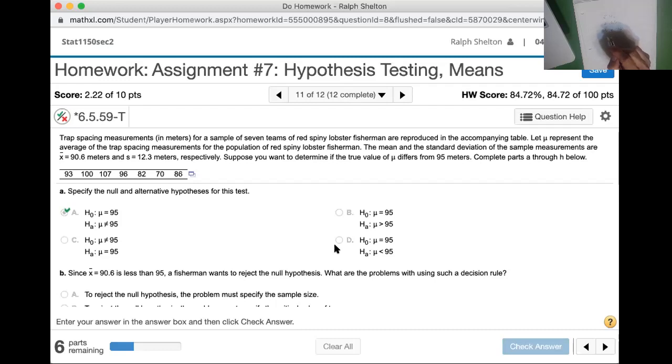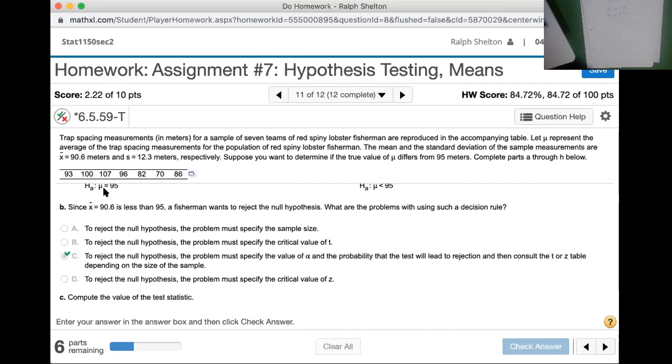It doesn't say you want to determine if it's bigger than 95. It doesn't say, do you want to determine is it smaller? So we don't have any suspicions before we do this test. So we're just going to do the real general test. Is it different? So that's HA: mu naught is not equal to 95, okay. Specify the null and alternative. So the null is mu equals 95, the alternative is not equal. We're done. That's A.